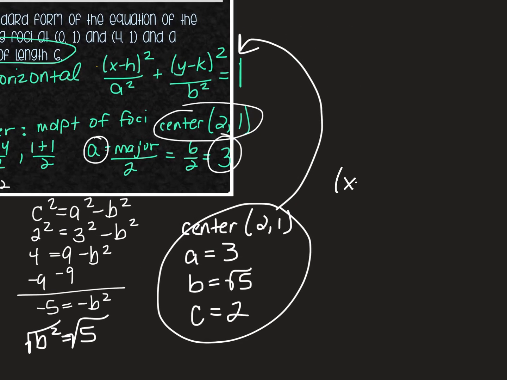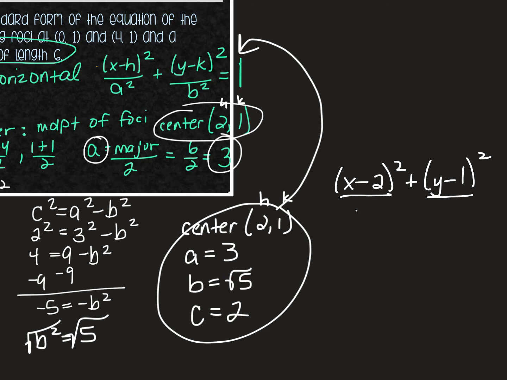Guys, it would be x minus, what's the h part of my center? 2 squared plus, what's the y part of, the k part of my center? 1. Good. Squared. Then this is over a squared.